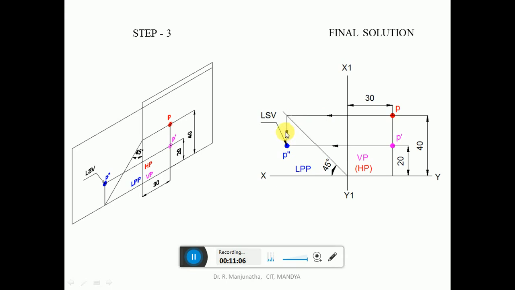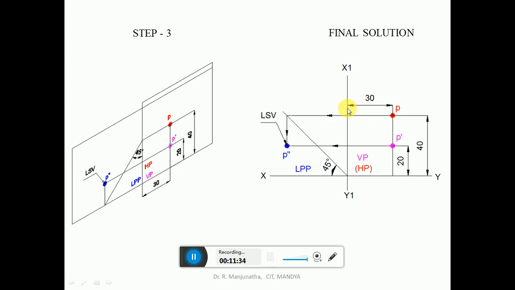Then draw a vertical projector down so that it intersects the horizontal projector drawn from P dash. Both intersect at this point, so you mark that point as P double dash. The view you achieve is the left side view, because this is behind LPP. The behind LPP condition is satisfied only when you look from the left side view. So mark that point as P double dash.